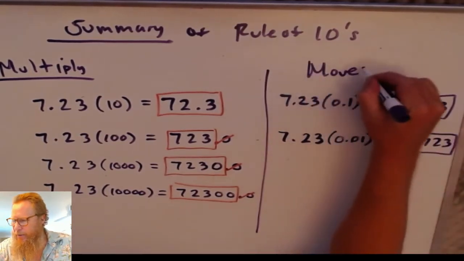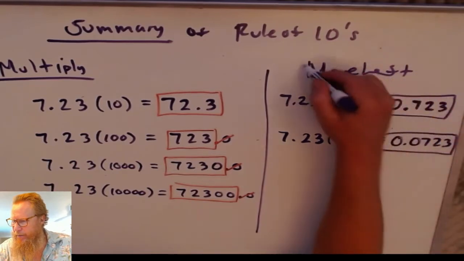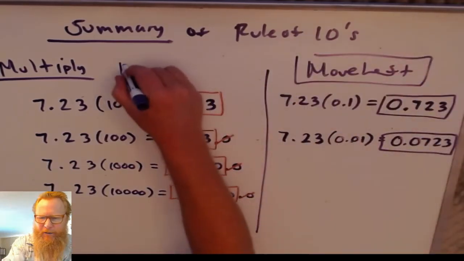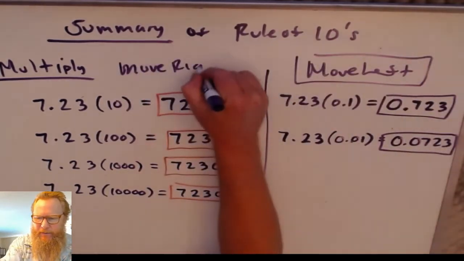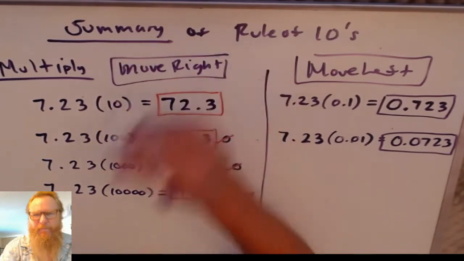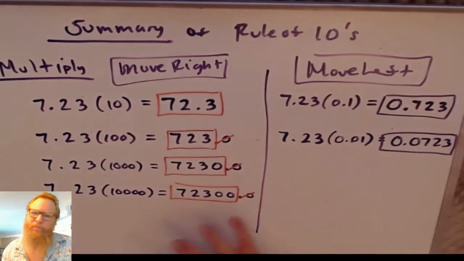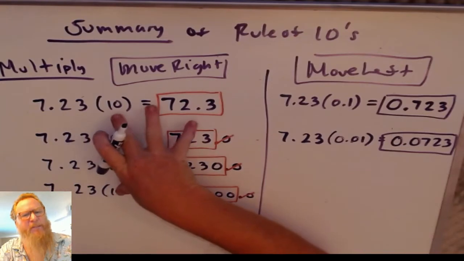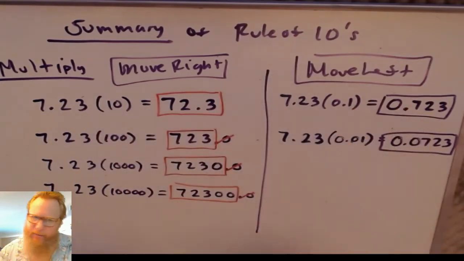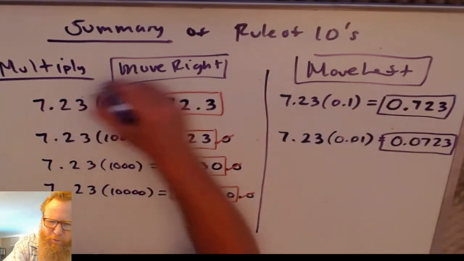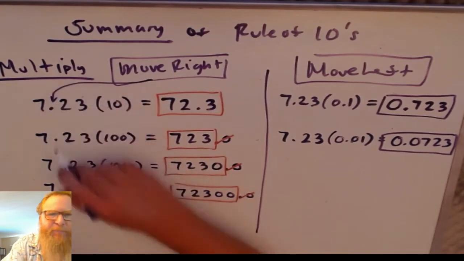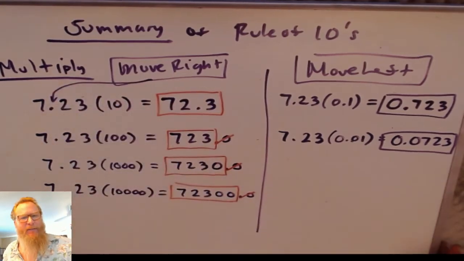So in this one, you're going to move left. Over here, you're going to move right. Now, pay no mind to the fact that I wrote this one on the left and that one on the right. I'm talking about which way you're moving the decimal in the number that is not a power of 10.